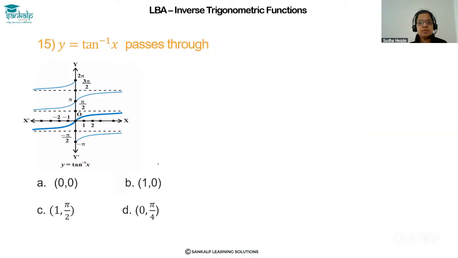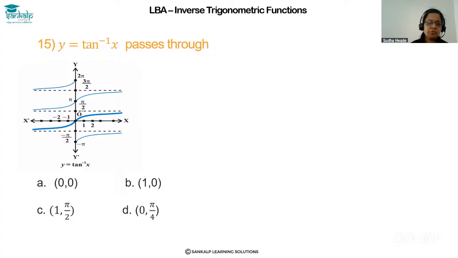Hi students, the question is: y is equal to tan inverse x passes through. For that, you need to draw the graph. Options are option A, 0, 0, option B, 1, 0, option C, 1, pi by 2, option D, 0, pi by 4.